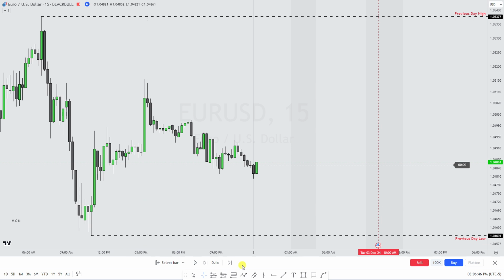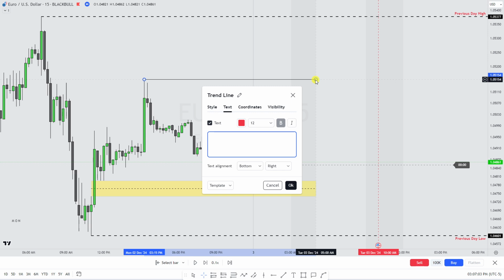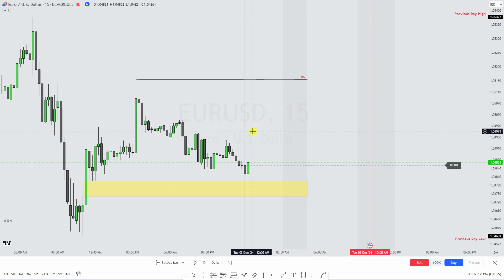In terms of what I am seeing here, I am seeing this imbalance down here. I am seeing this buy side liquidity up here. And also there is an imbalance there.